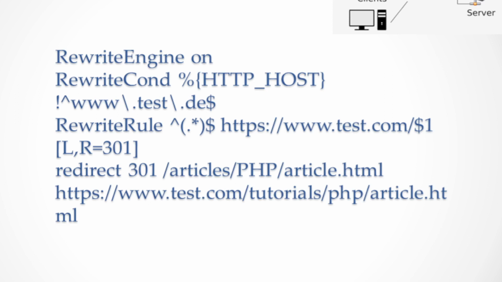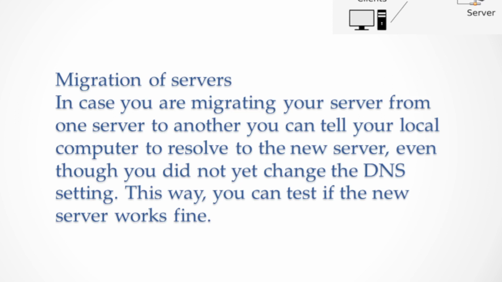Then we set a 301 redirect to tell the search engine that this particular URL is permanently moved to the next URL. So this is very handy when you are moving from one URL to another URL.